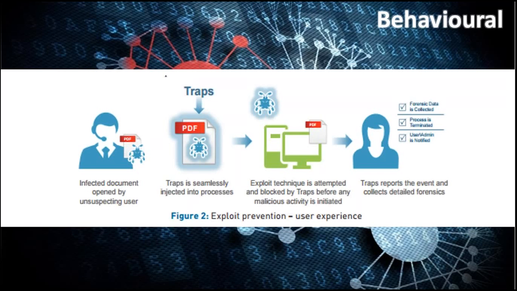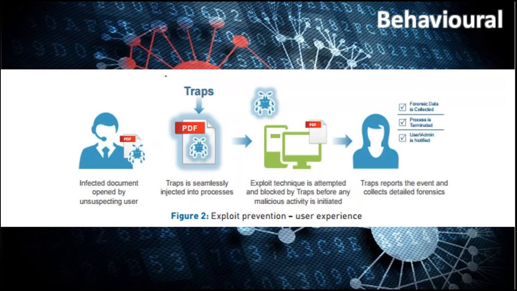After that PDF has passed that stage, it will try to execute on the processor. And at that point, there's a very low overhead application which looks in detail at the behavior on the machine. So it's looking for techniques such as buffer underrun, stack overflow, all of these things that are common to malware attacks.